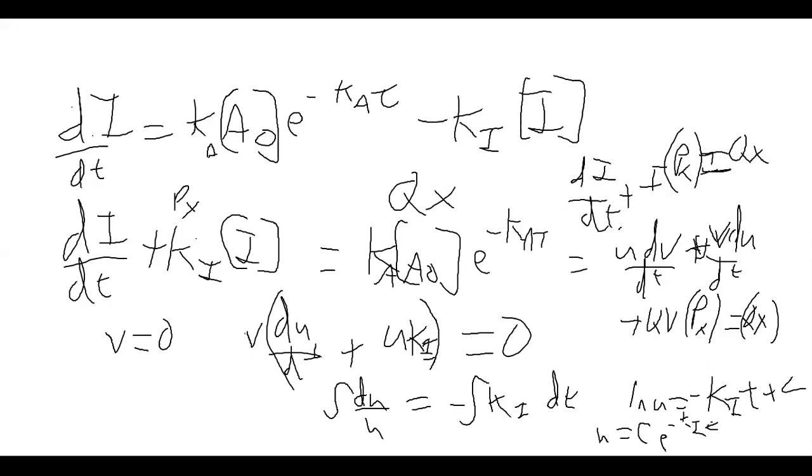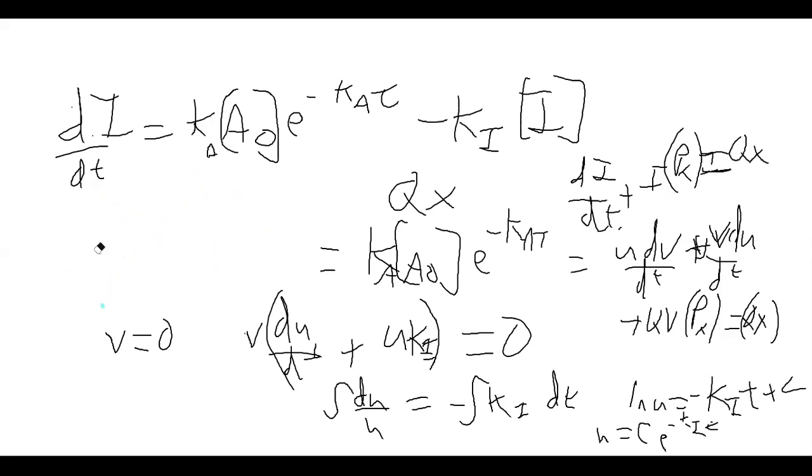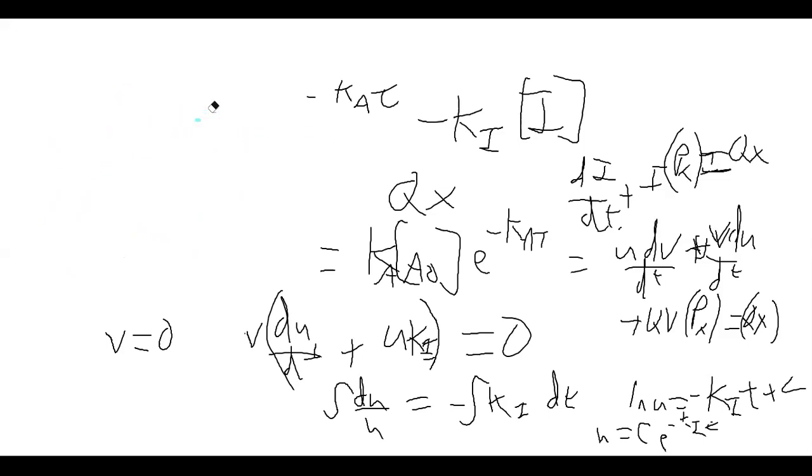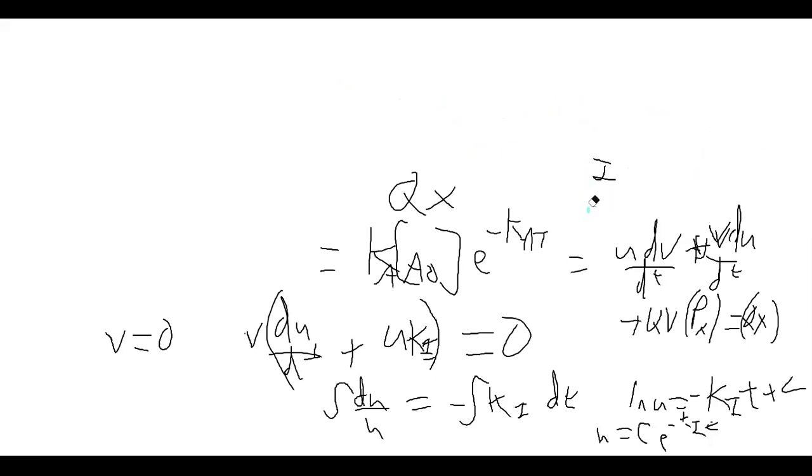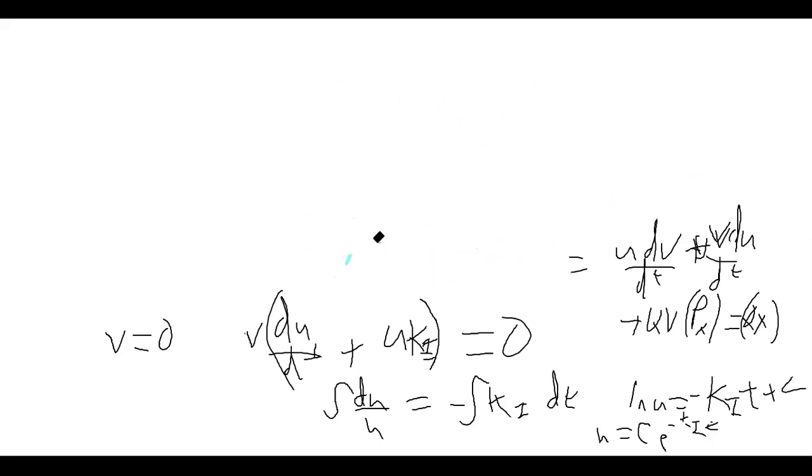Okay, I want the eraser. I want to erase most of this. So we have a way that we've essentially said if v is 0, that allows us to solve for u in terms of a constant, ki, and time, just in terms of time.